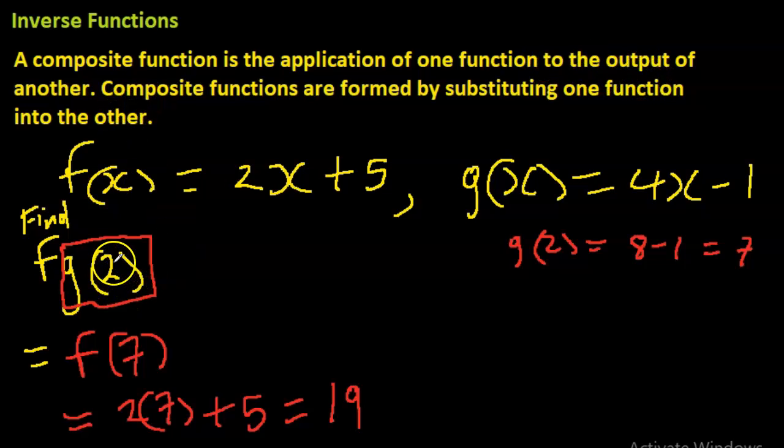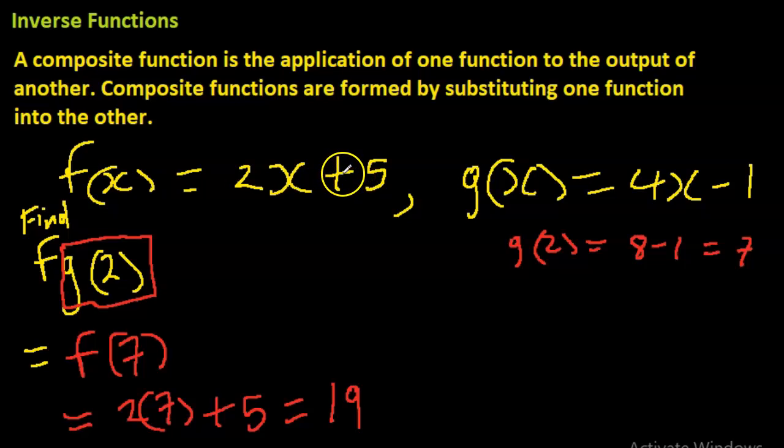So g of 2 gives us an output of 7, and then this 7, we apply f to it, and we end up with 19.